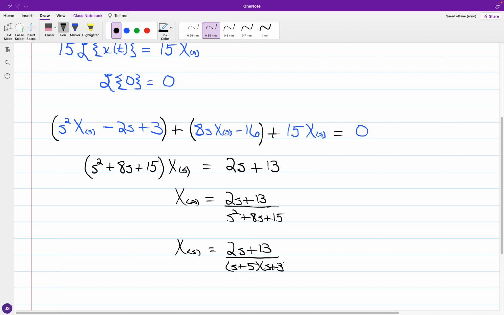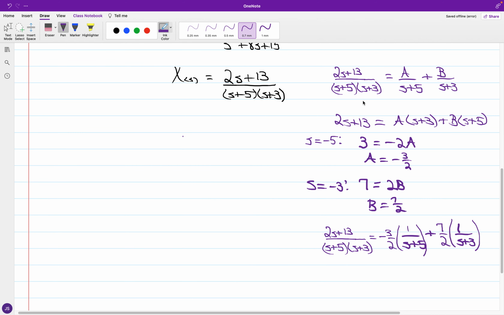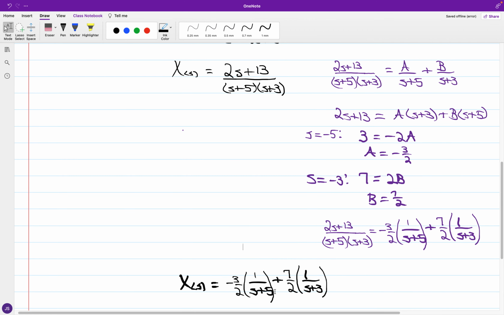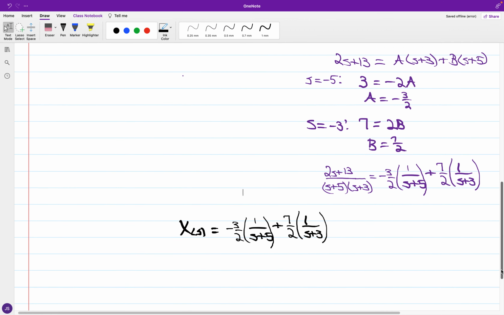For the partial fraction decomposition, if we use the zeros of s plus 3 and s plus 5, and set s equal to negative 5, a comes out to negative 3 halves. On the other hand, if I set s to negative 3, a cancels out, and we have b equal to 7 halves. This will be the partial fraction decomposition, and so this is what I'm going to have for the Laplace x of s.